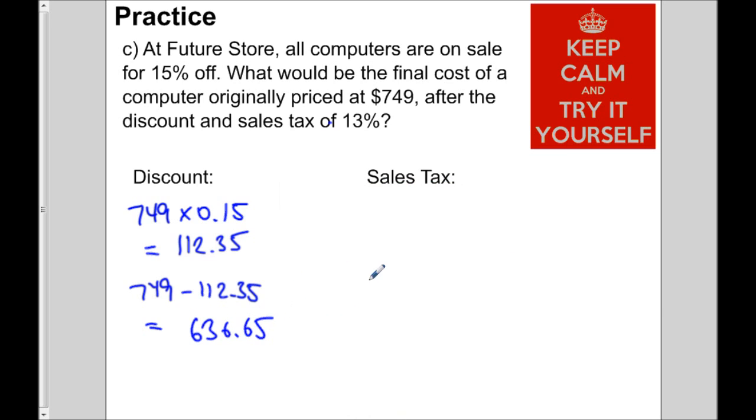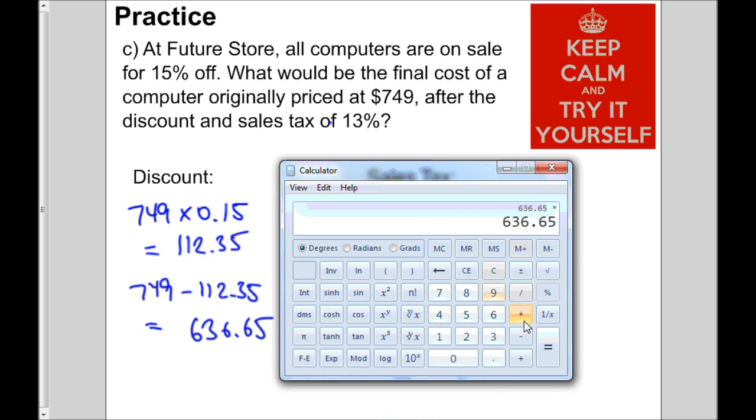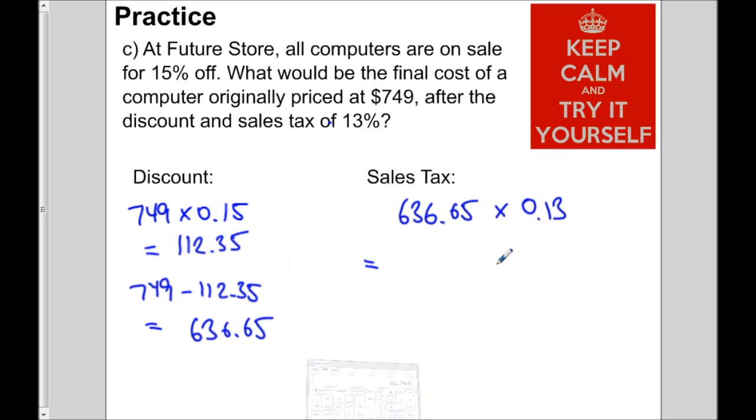All right. So now we have to apply the sales tax. $636.65, we're going to multiply that by 13%. So that's $82.76.